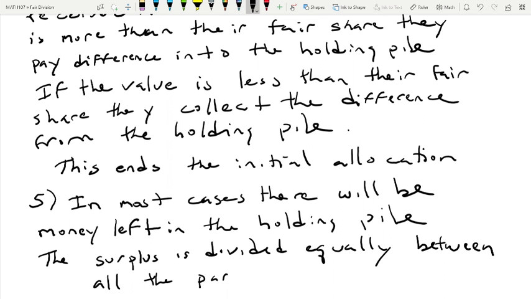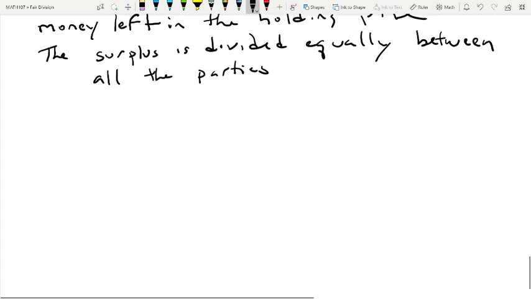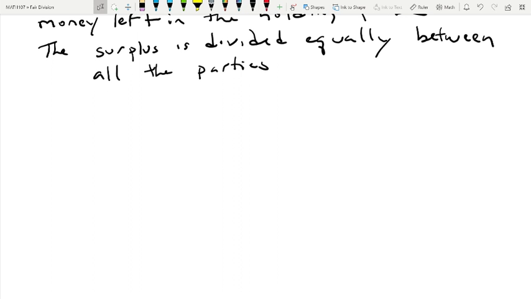Right. So now we've gone through all the steps of this. Let's go through an example.